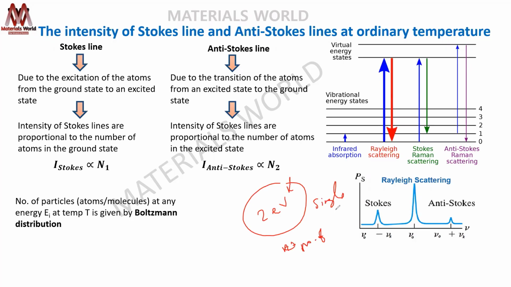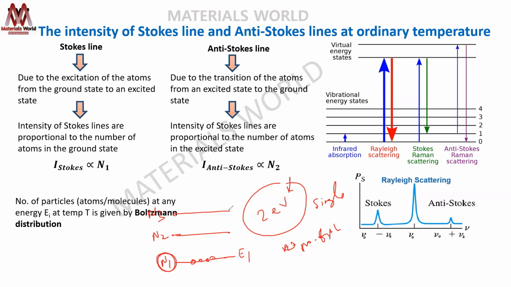So we dope the number of atoms in different energy levels. Let's say at the first energy level, the number of atoms or molecules is N1. At higher energy level, the number of molecules is N2. At a still higher energy, the number of atoms is N3. So different atoms are doped in my laser at different energy levels. Okay. So how many atoms are there in this energy level?